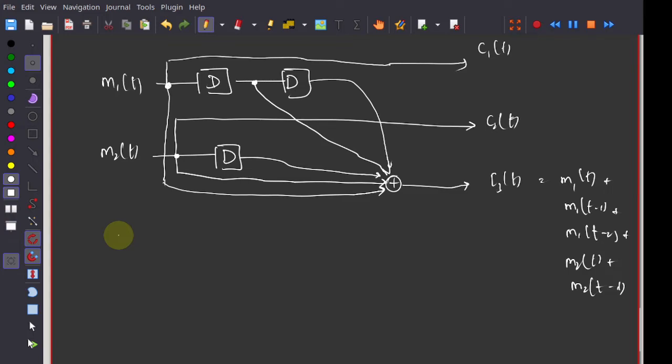Right, so you need a total of 3 delay elements to implement this particular convolutional code. So this is at least the encoding part.